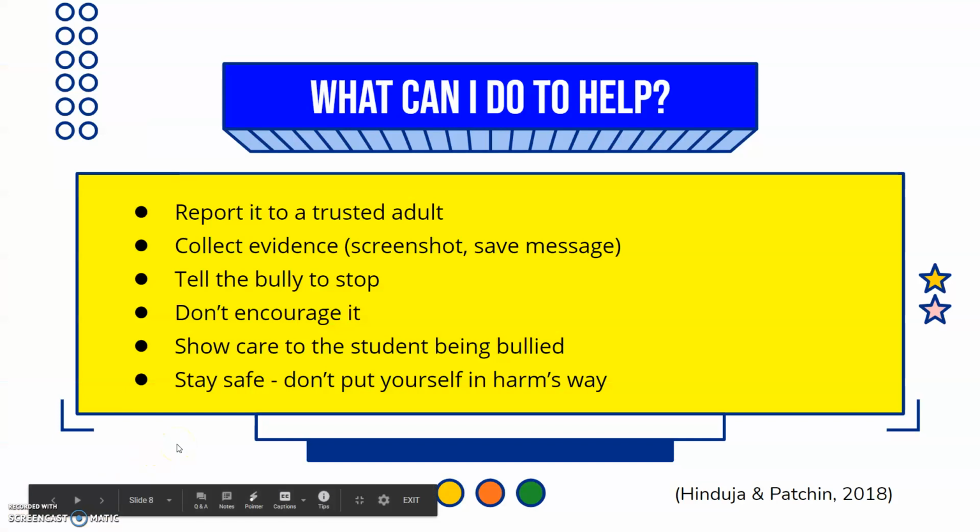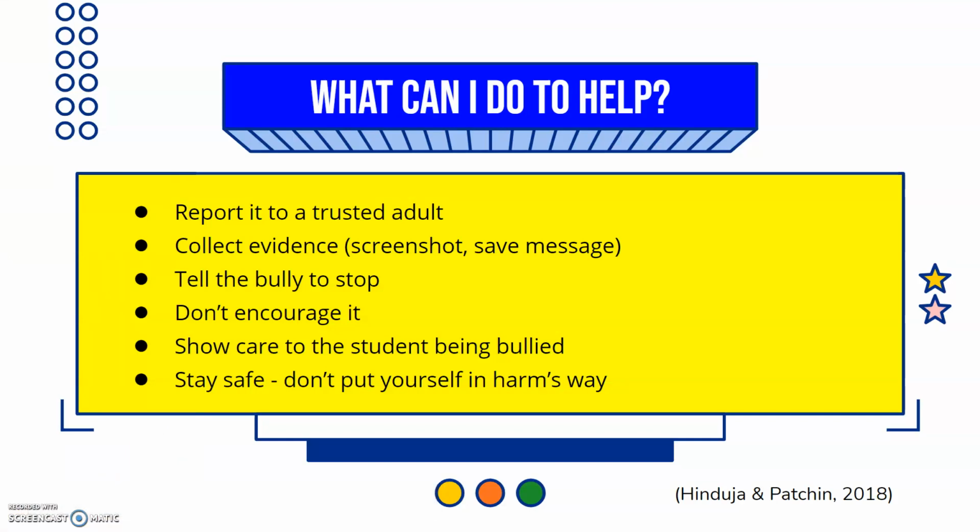What can you do to help? If you know that someone is getting cyberbullied or you see it, make sure that you report it to a trusted adult. It could be a parent or a teacher or anyone that you feel like you can trust. Collect evidence of it.